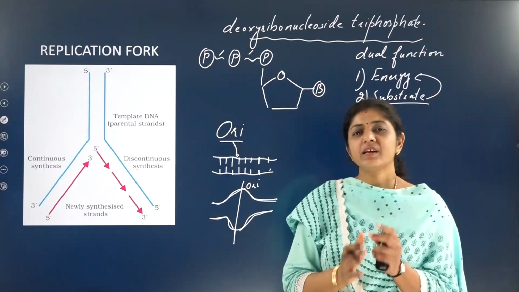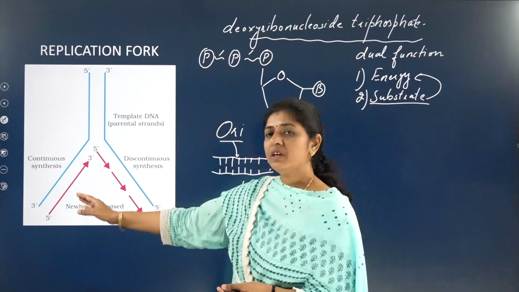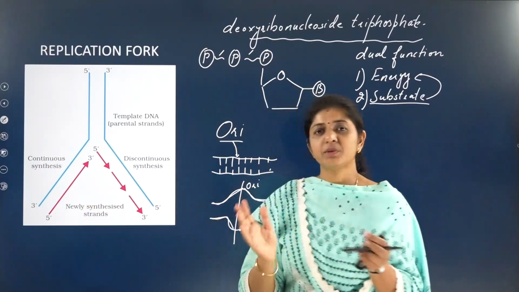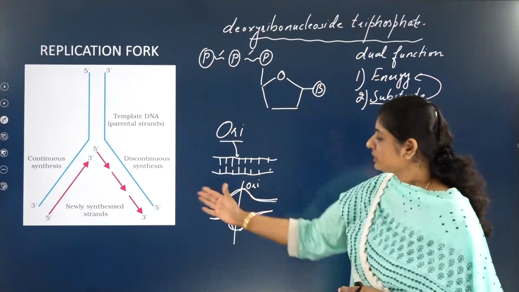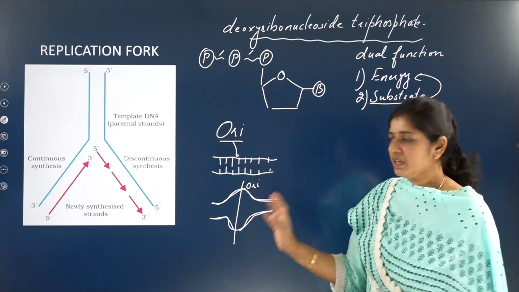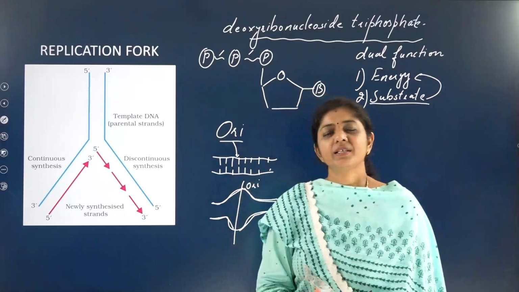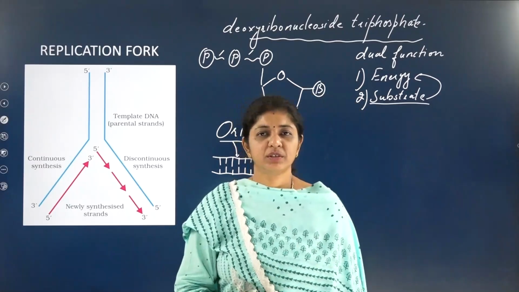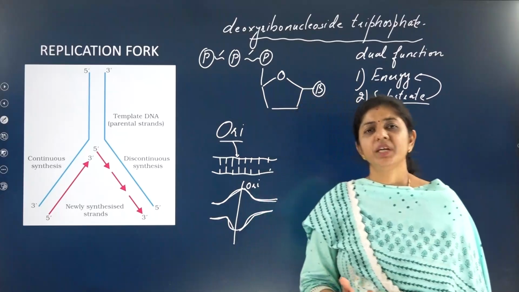And what they are asking, replication is bidirectional. And what students are thinking, it is drawn in this direction, that's why it is bidirectional. No. From the ORI point, it is replicating on this side as well as on this side. Even downside, even upside. That's why it is a bidirectional process. Right? So, mostly it is bidirectional. Rarely it can be unidirectional.